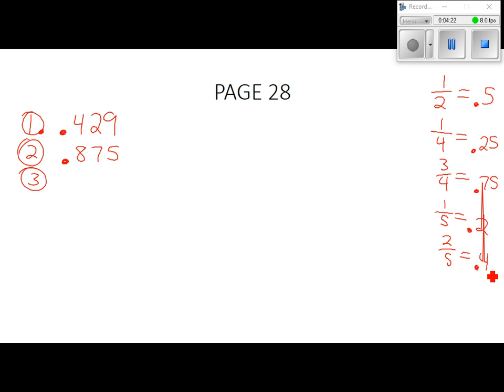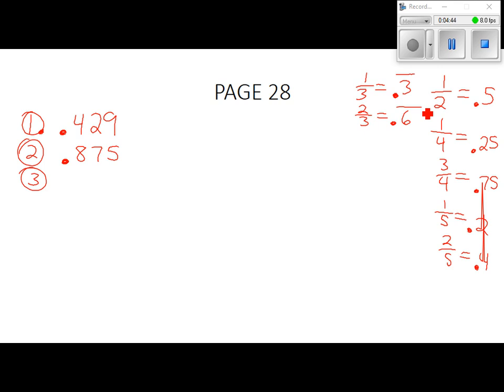Others that you should know, does anybody know what 1/3 is as a decimal? 0.3, and it repeats. 3, 3, 3, 3. What's 2/3 as a decimal? 0.6, and it repeats. Those you should know probably.